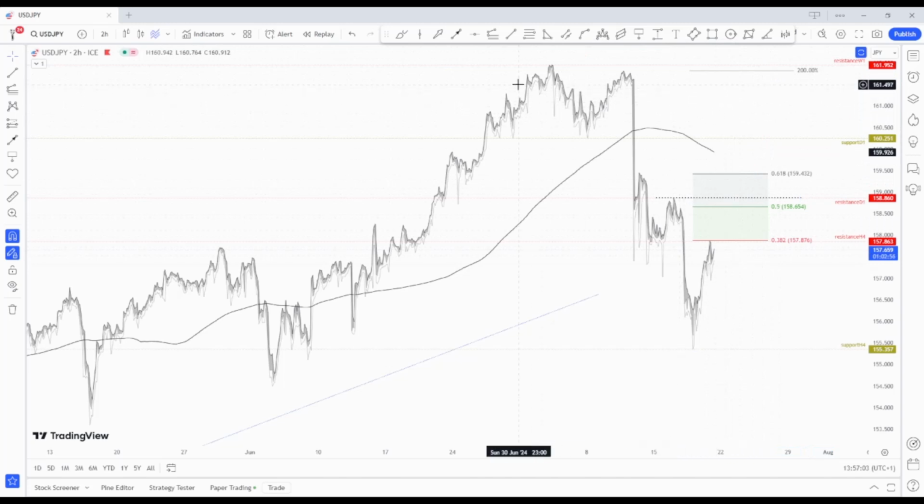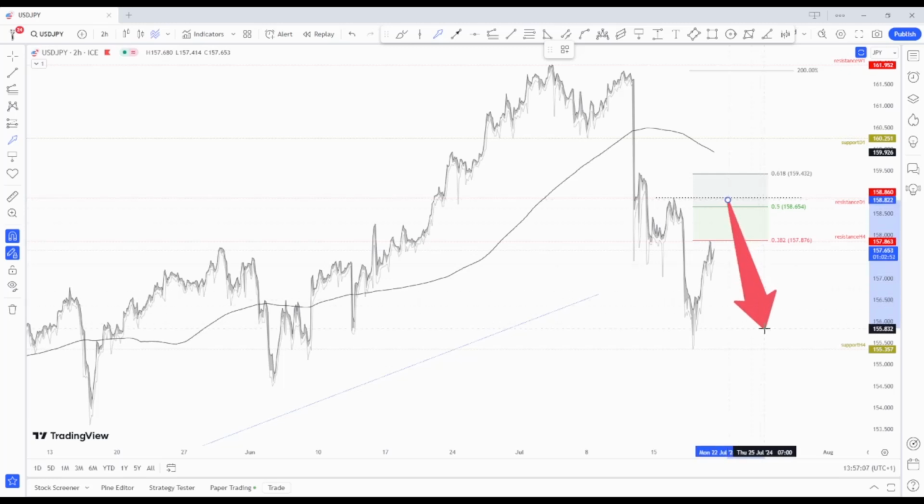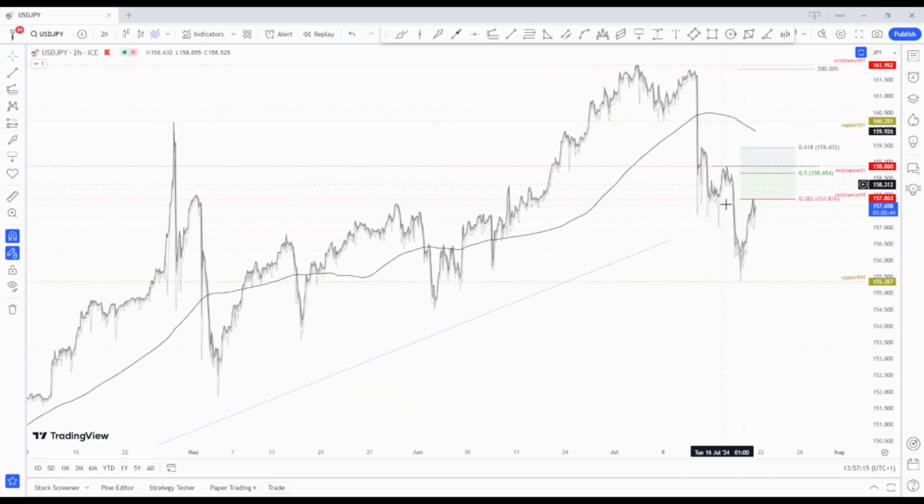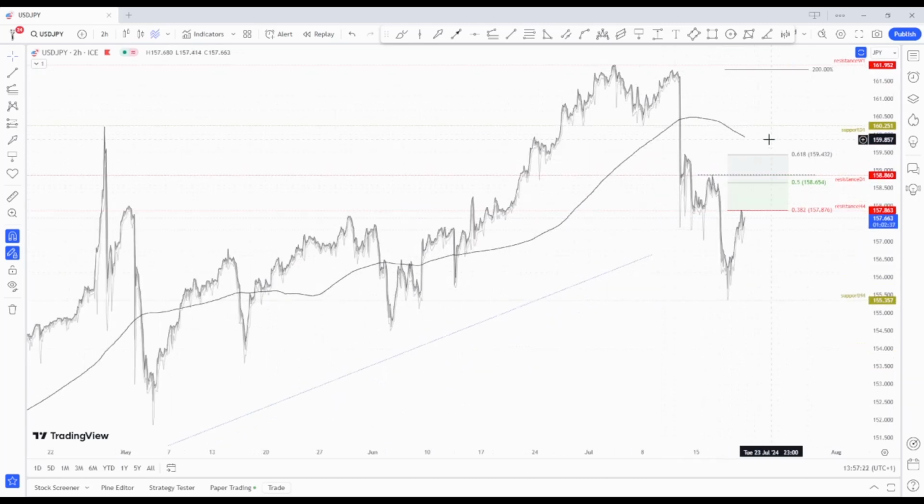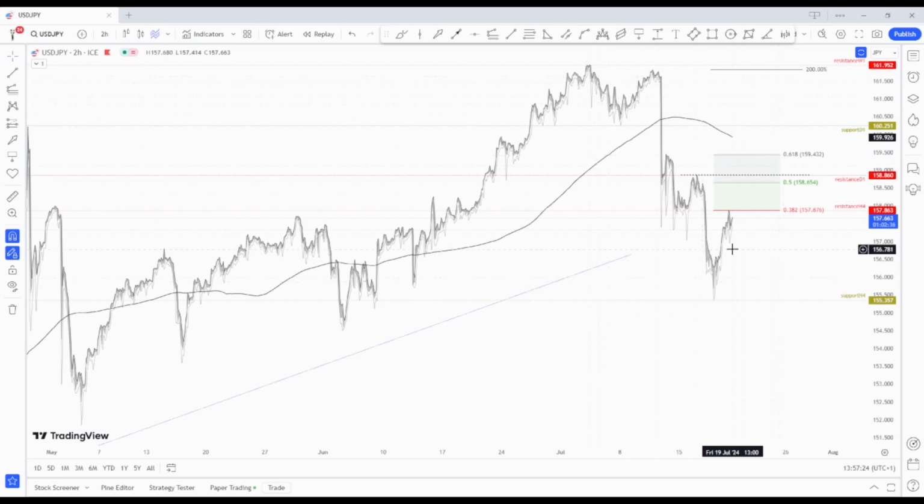Of course, the other possibility is exactly the reinforcement of this neckline or this resistance and more downside momentum for the pair. It happens a lot of the time. We track the possibility of an inverted head and shoulders to trigger the reversal after the pullback or the retracement.